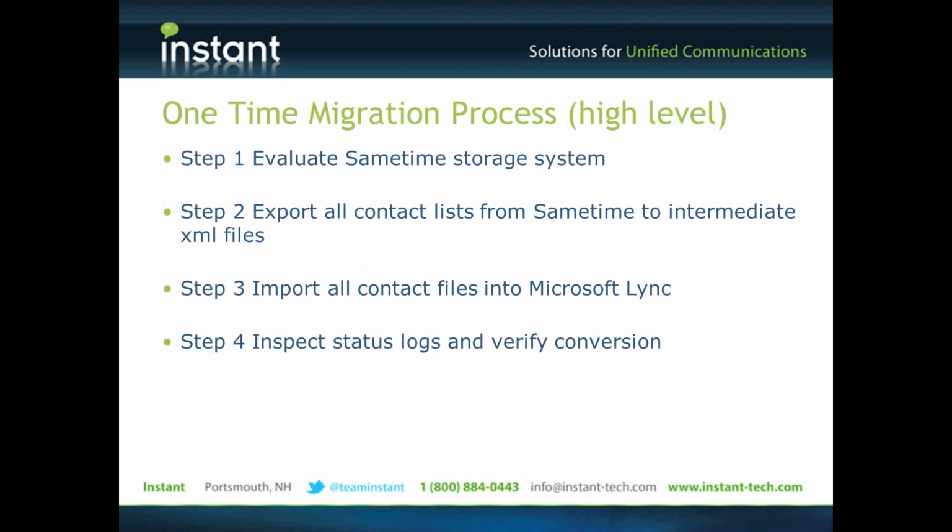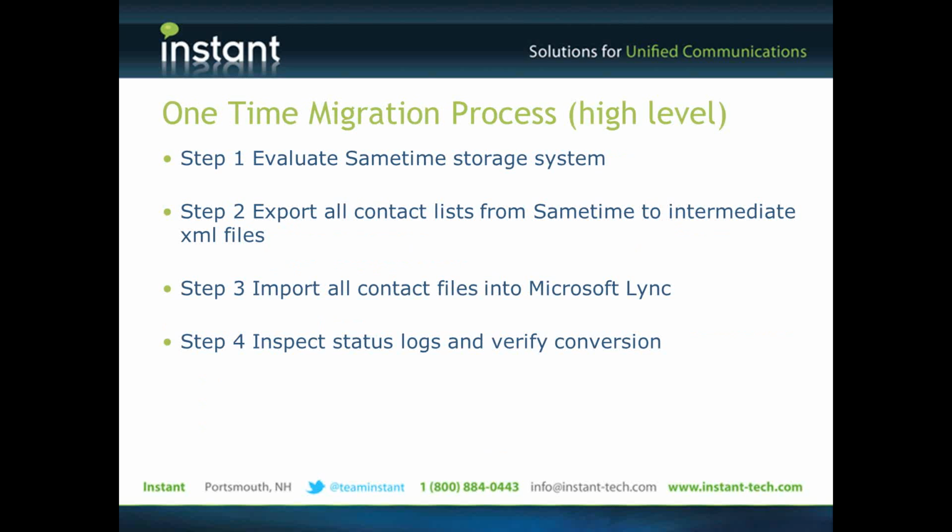Let me just talk a little bit about the one-time migration. What we would typically do is we would take a look at your VP user info and also your names.nsf, and we would evaluate your Sametime storage system. We would determine all the public groups that you're using. We would determine all the people that have contact lists. We would determine which private groups are used and things like that.